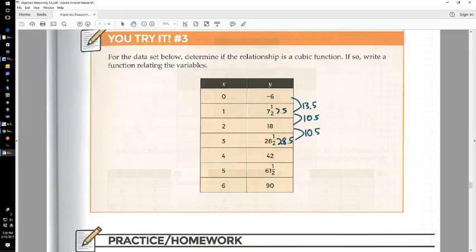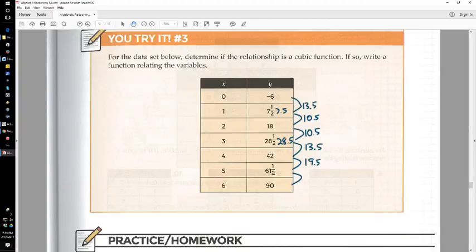Yep. 42 minus 28.5, that's 13 and a half. And 61.5 minus 42, that's 20 but minus the half, so that's 19.5. And 61 to 90, that's 30 minus a half.